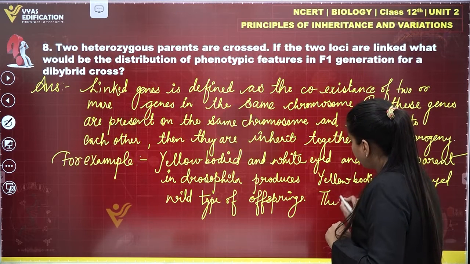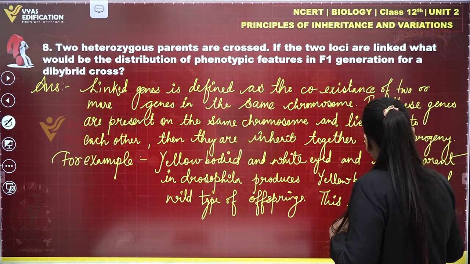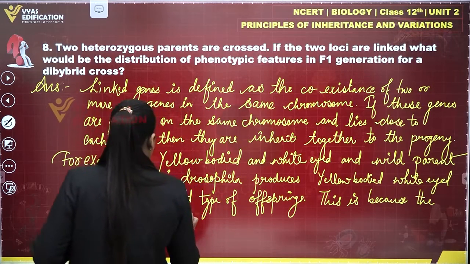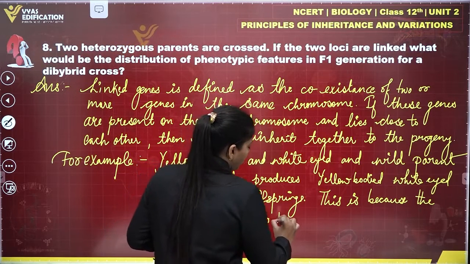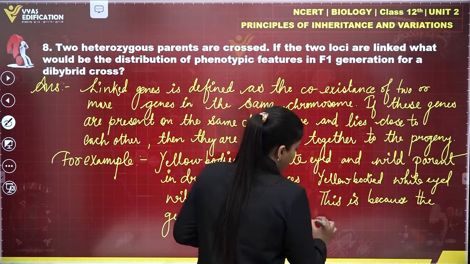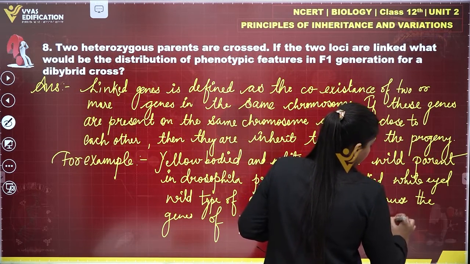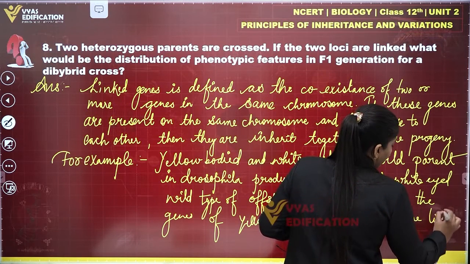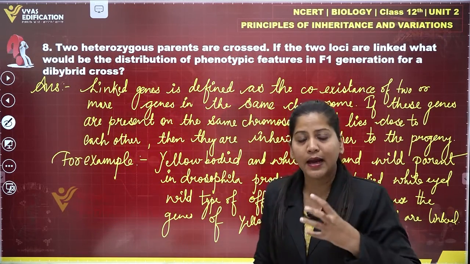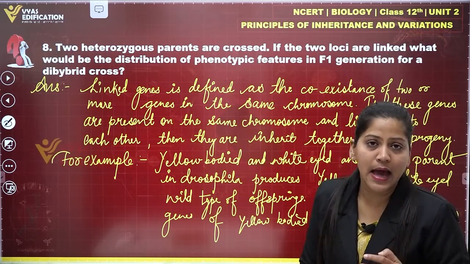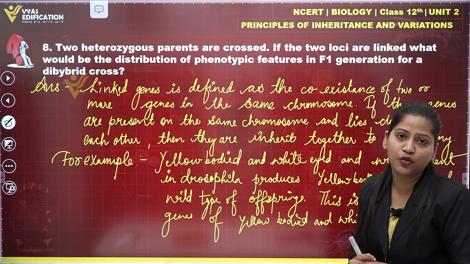This is because the genes of yellow-bodied and white-eyed are linked, and because they are linked, they will be inherited together into the progeny or in the next generation. So this is the complete solution of question number 8.